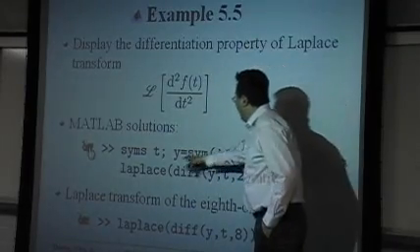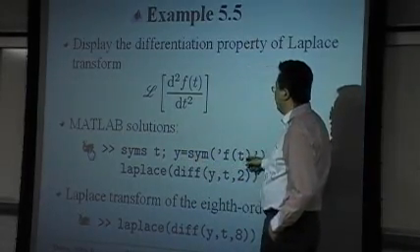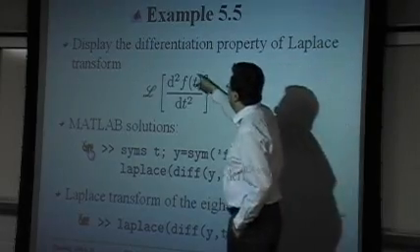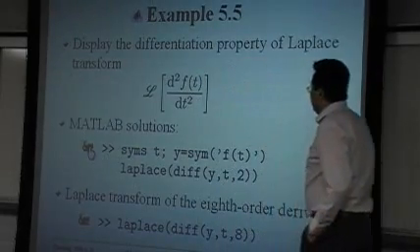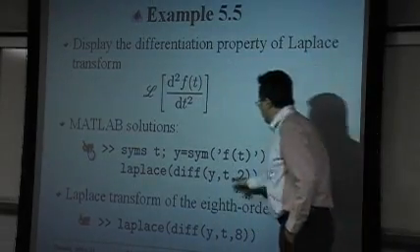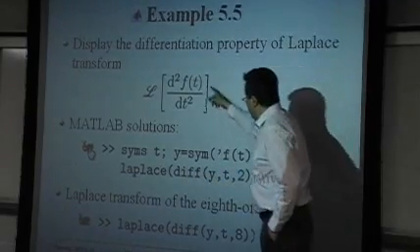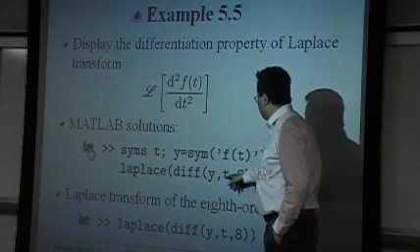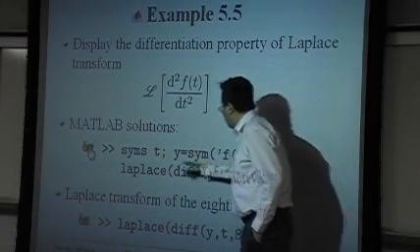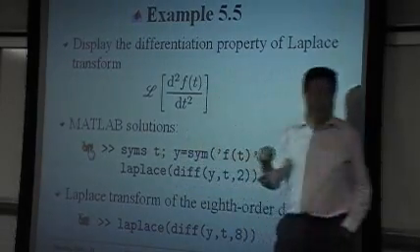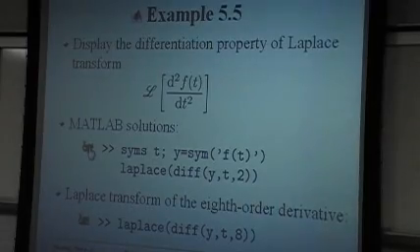Declare that y equals f(t), which is a function here. So what we need to do is take the second order derivative of y with respect to t. And then for the result, we can take the Laplace transform and see what we get.